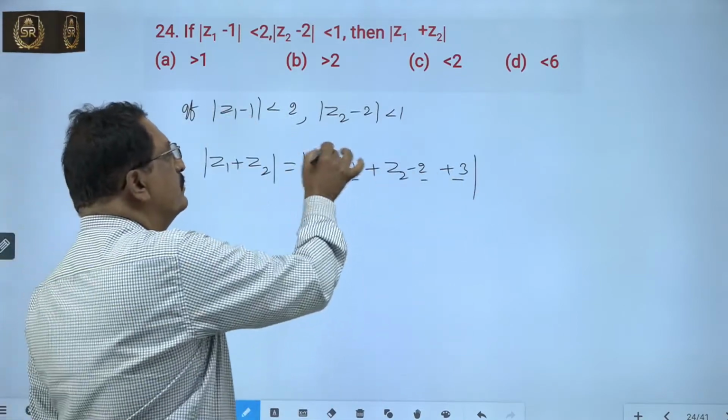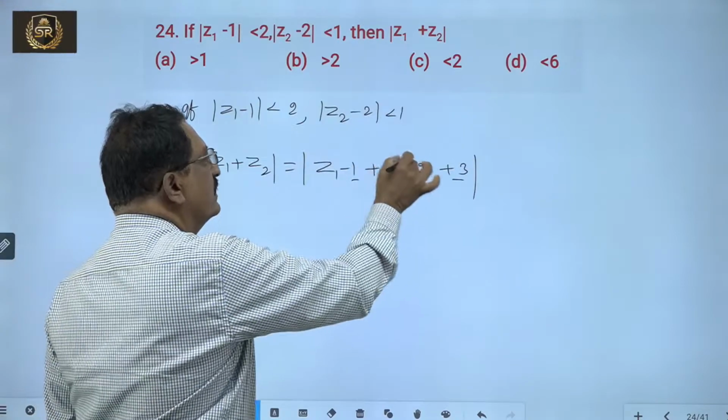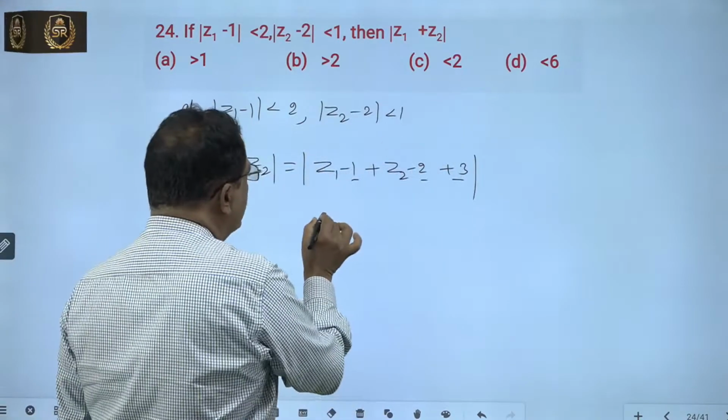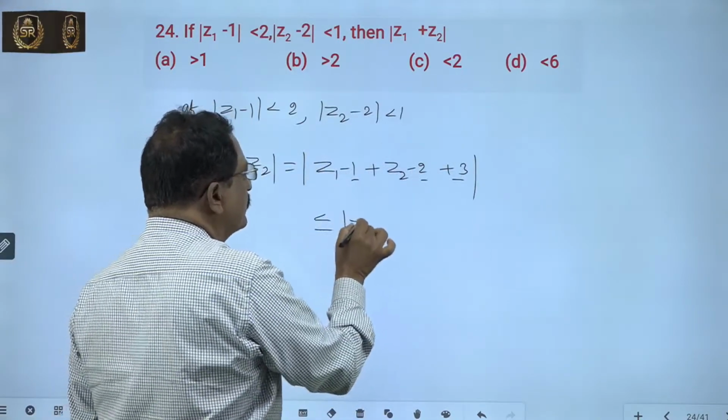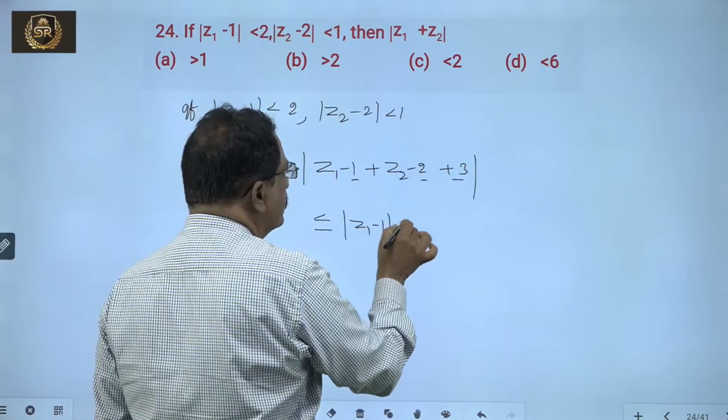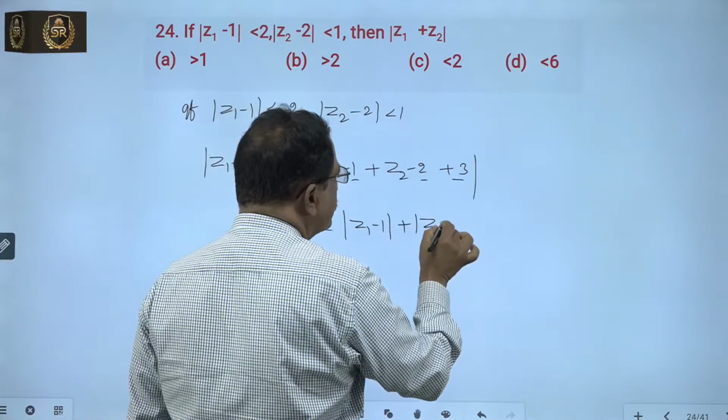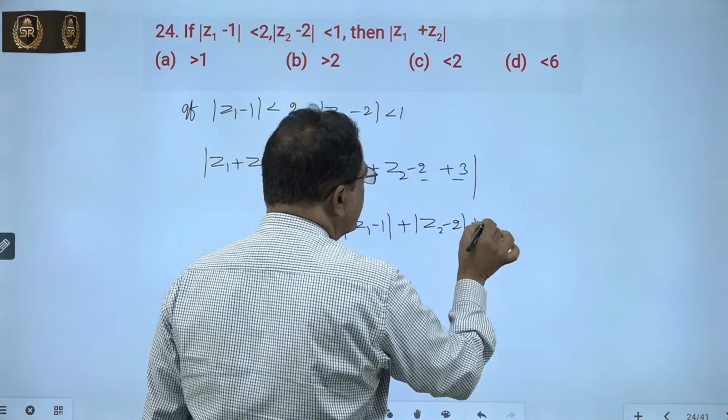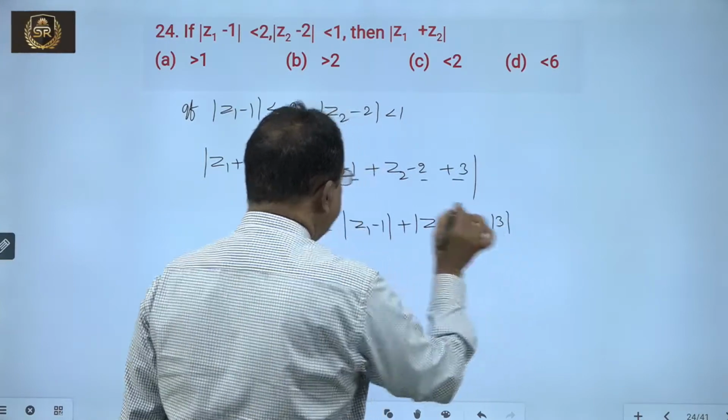Now, considering z1, z2, z3, this is always less than or equal to mod of z1 minus 1 plus mod of z2 minus 2 plus mod 3.